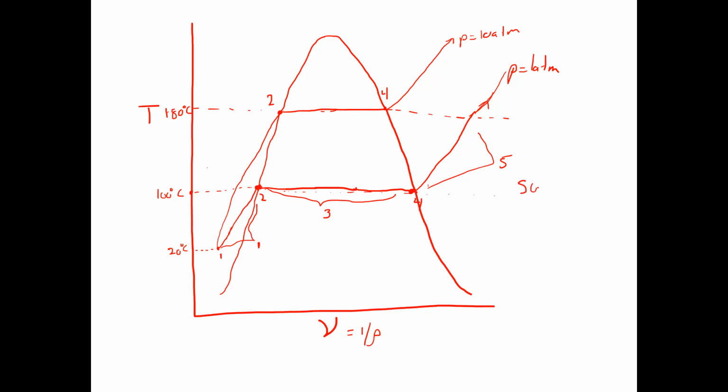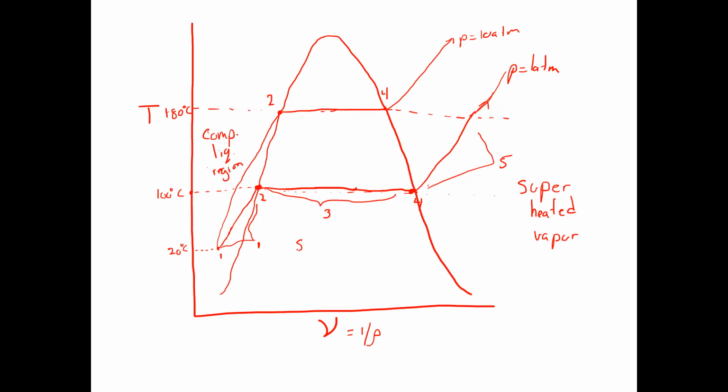So this side of the curve is what we call the superheated vapor region. This side of the curve is called the compressed liquid region.